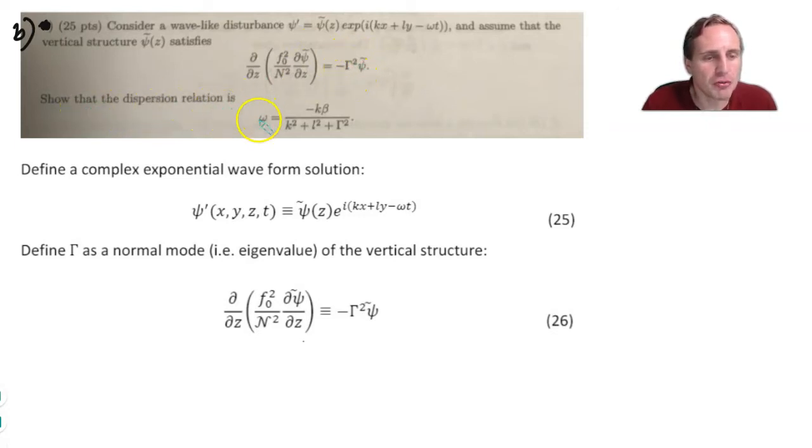Show that the dispersion relation is omega equals minus k beta over k squared plus l squared plus gamma squared.